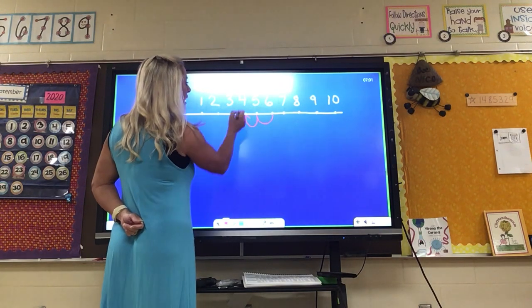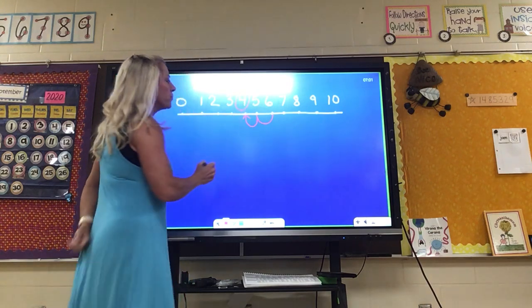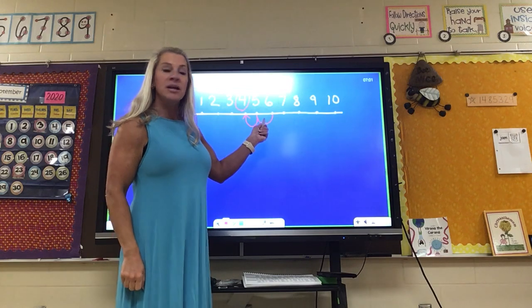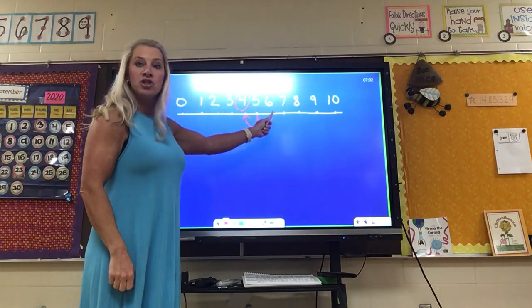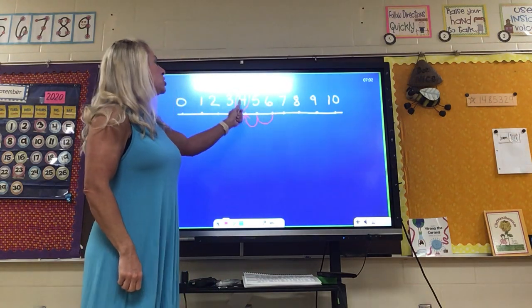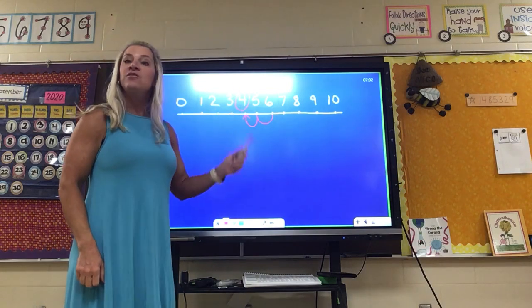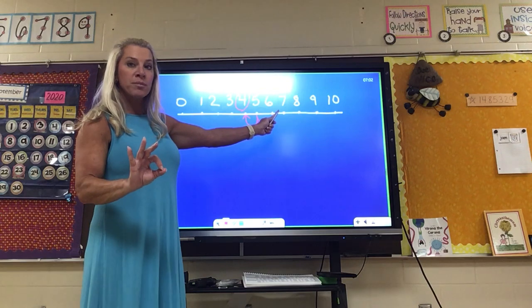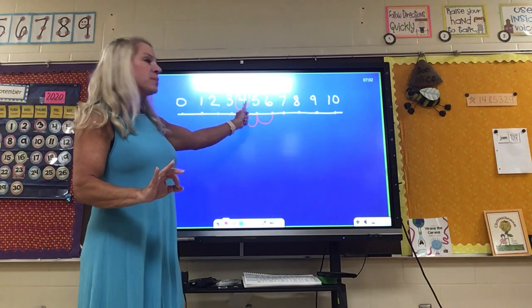So look where I ended up, on 4. Now I did not start counting on the 6. I started counting when I landed, when I jumped one space. 1, 2. That's important, because if you start counting here, you're going to come up with the wrong answer. That's where you start, but you count when you jump spaces.